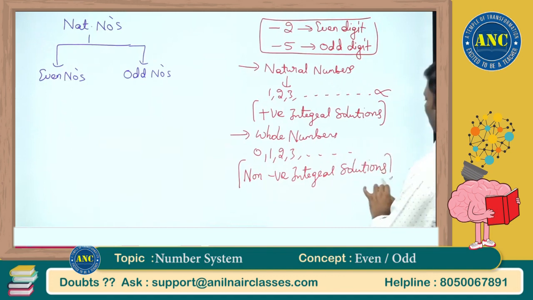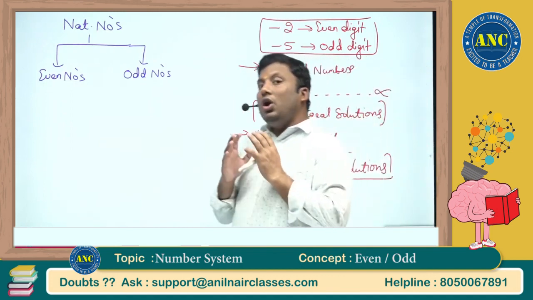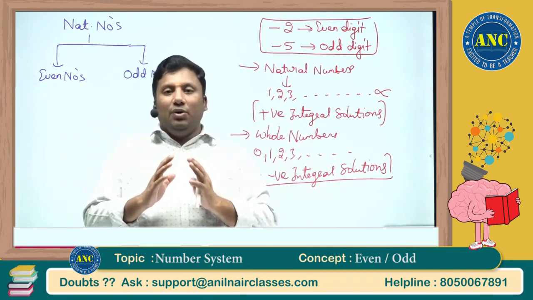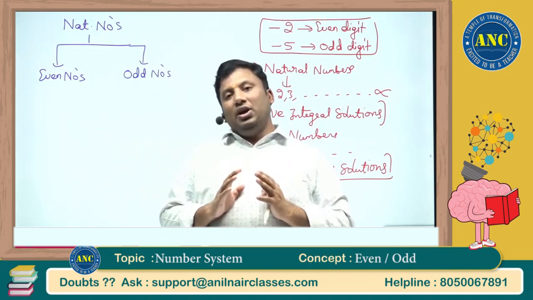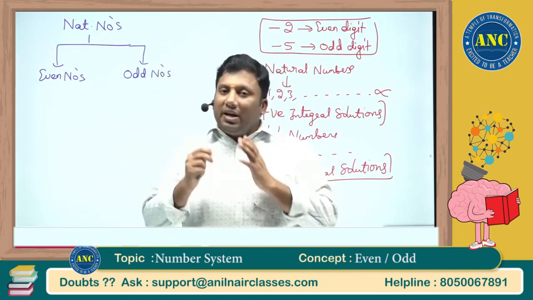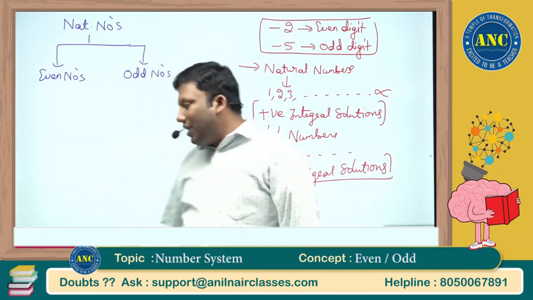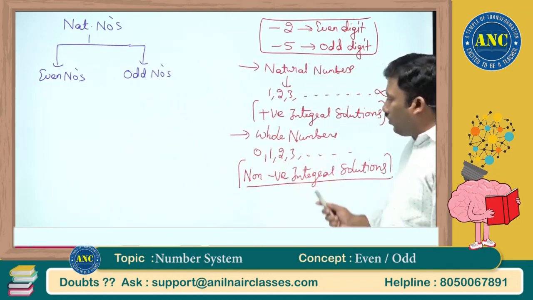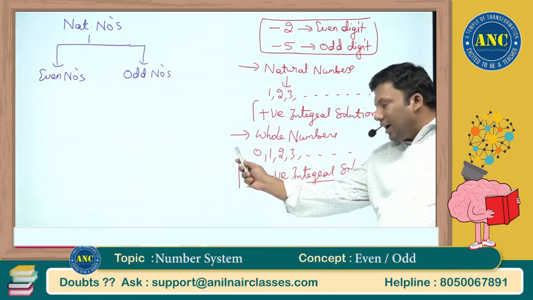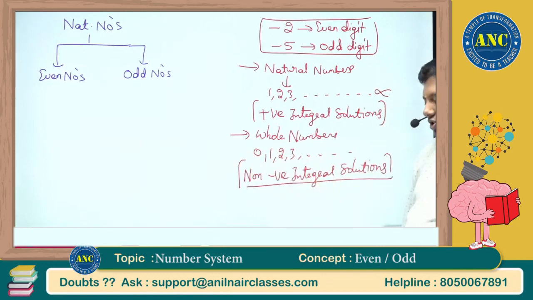Please make a note of it, sir. When I say non-negative, non-negative means other than negative. Integers are a combination of negative, 0 and positive. Whole numbers, other than negative, are 0 and positive.